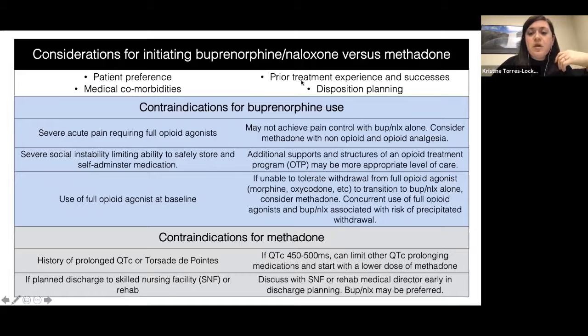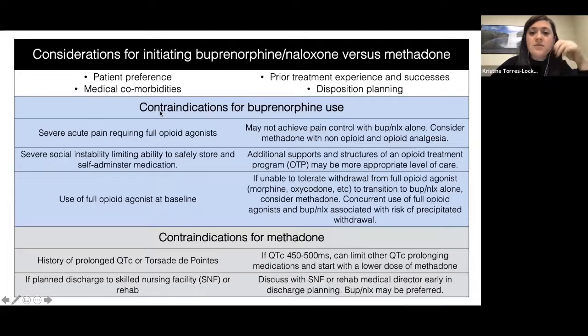But say someone had prior treatment experience with methadone, found it really successful, really doesn't like managing their own medications at home, and the structure of going to a methadone program regularly and having a counselor has been very helpful for them. Then obviously I'm happy to start methadone and refer them to a methadone program as well.